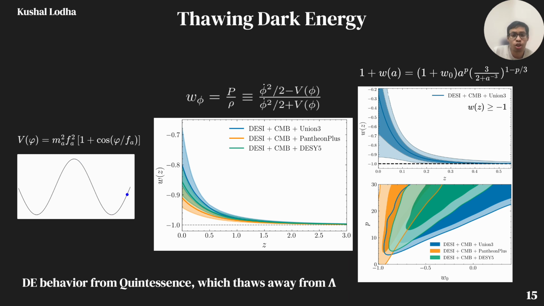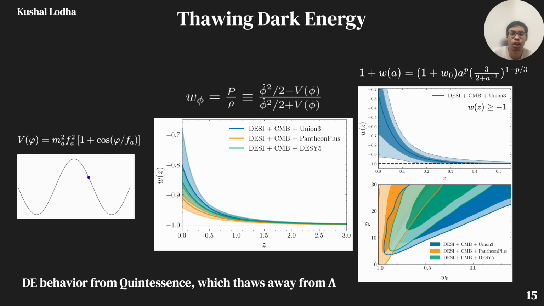Rather than focusing on a specific potential, we use a generic parameterization shown in the top right equation that can capture this general behavior. There are two free parameters: w0, which tells you the equation of state at present time, and a p parameter which indicates how steep the rise from -1 to w0 is.